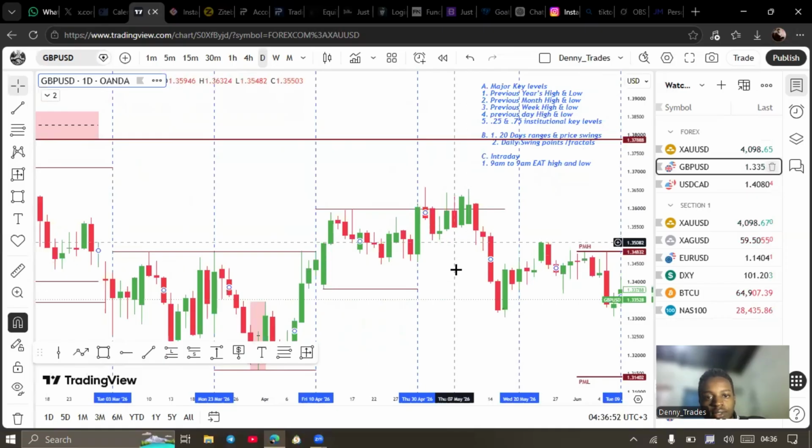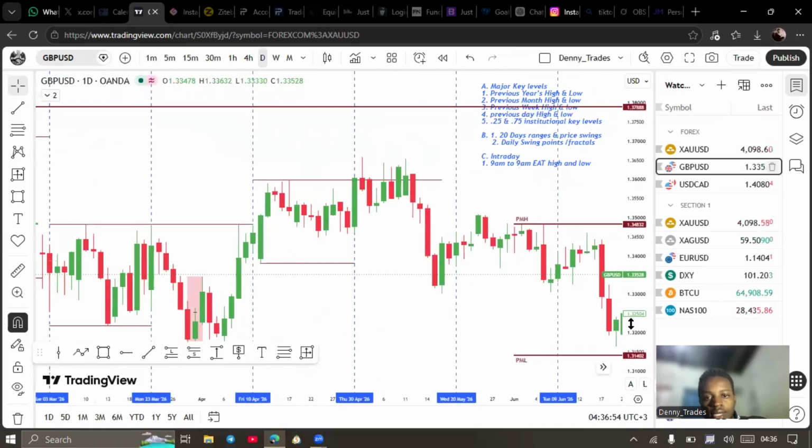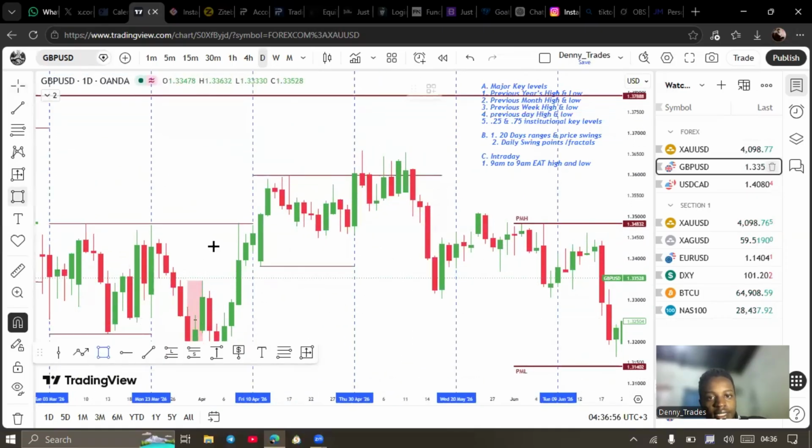Okay, so as you can see, on this candle open, price traded above the previous 20 days range high. Then it failed to continue up high. So this marked the starting point of a reversal.